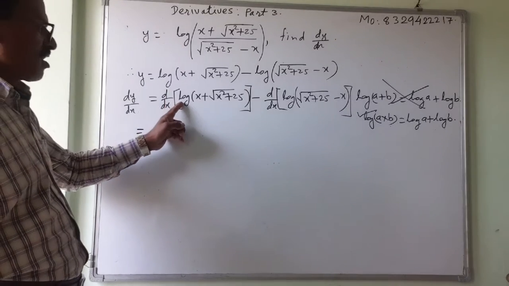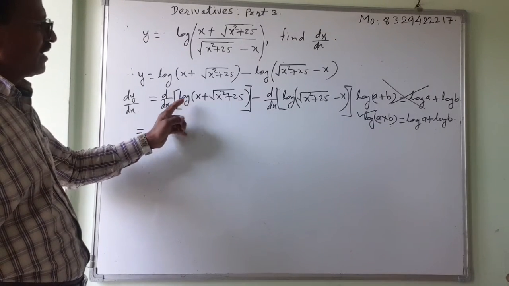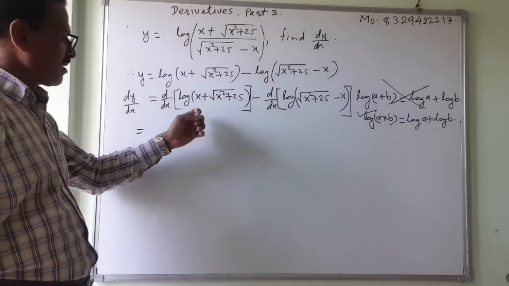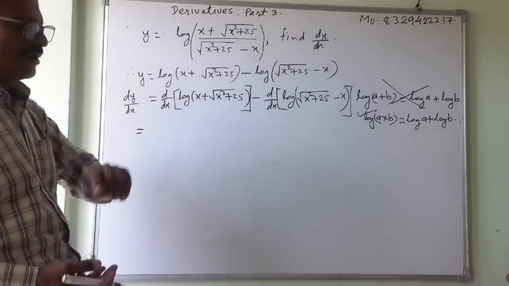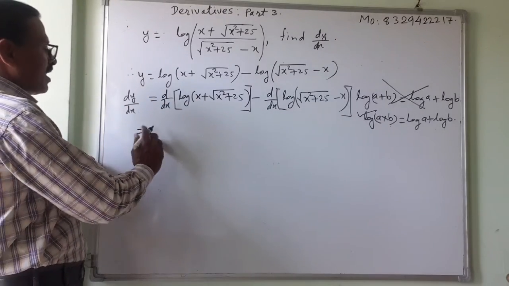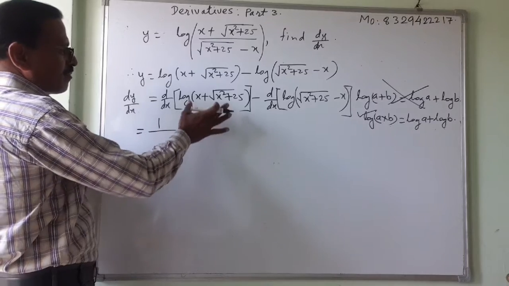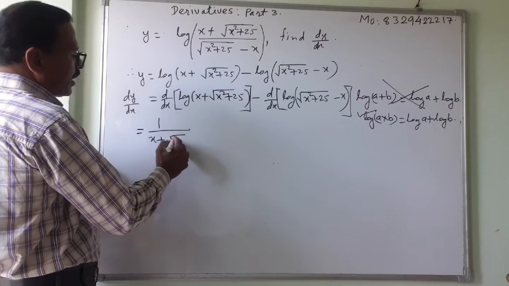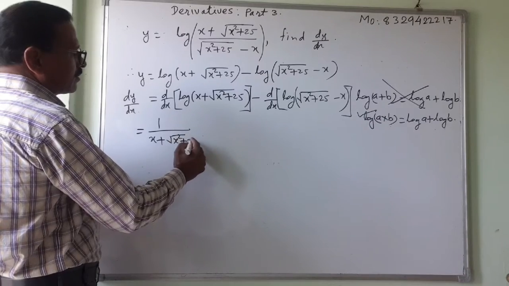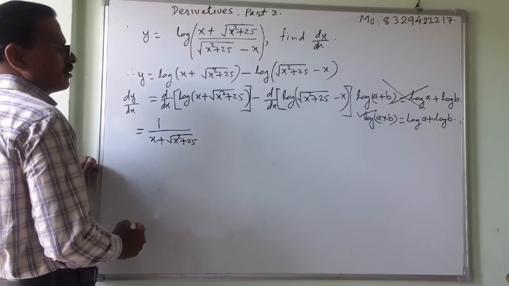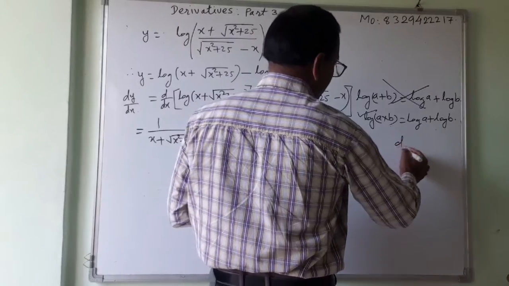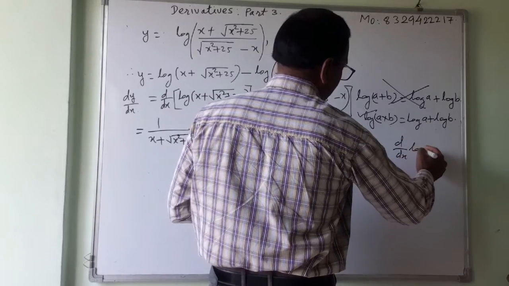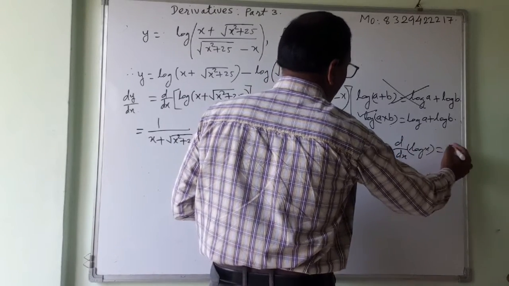First function is log, then this. So first of all I will take the derivative of log, and for log it is 1 upon x. At the place of x this is there. So 1 upon x plus under root x square plus 25. d by dx of log x is equal to 1 upon x.